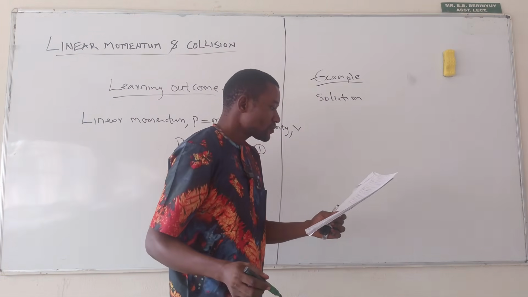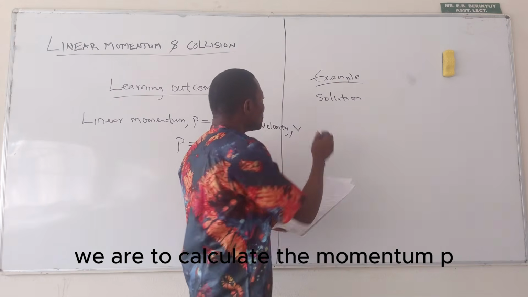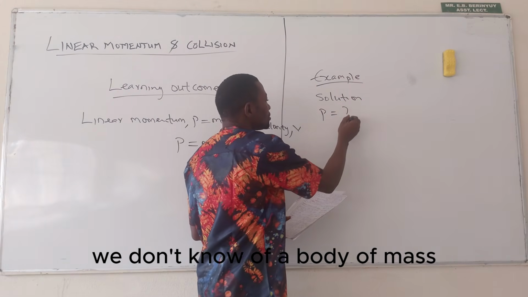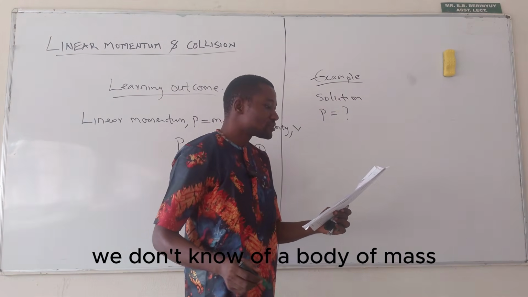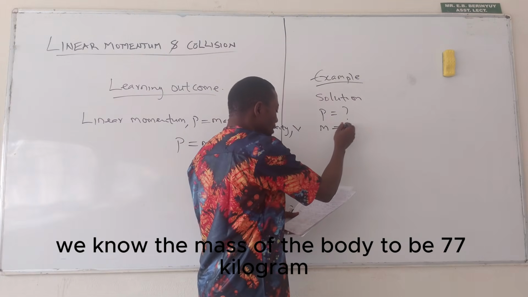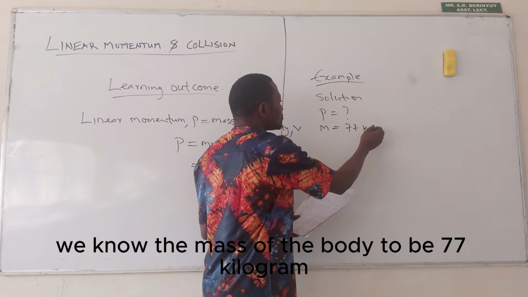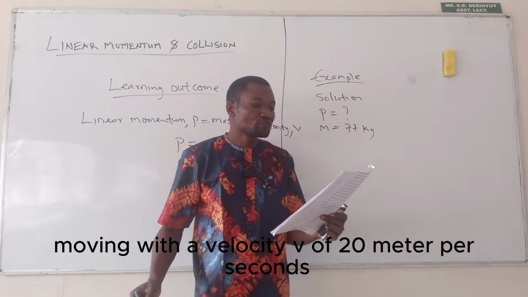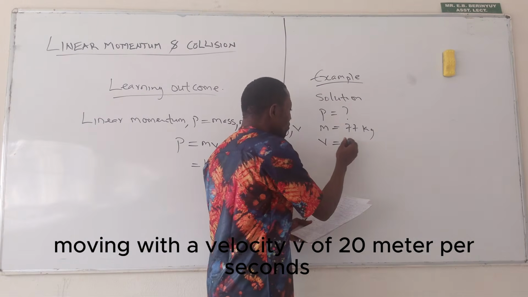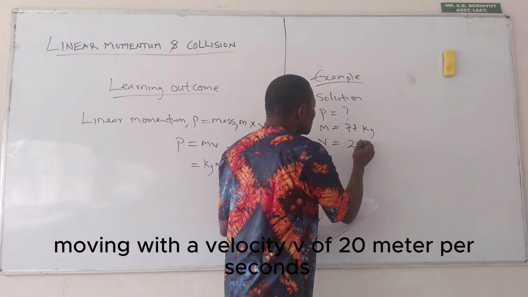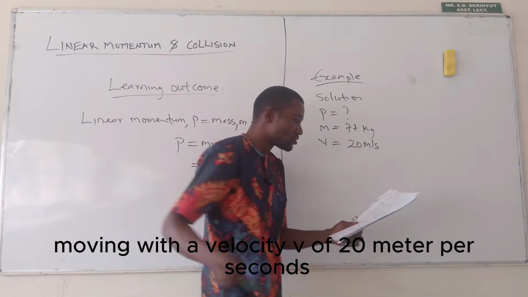Solution: we have to calculate the momentum P, which we don't know, of a body. We know the mass of the body to be 77 kilogram, moving with a velocity v of 20 meters per second.